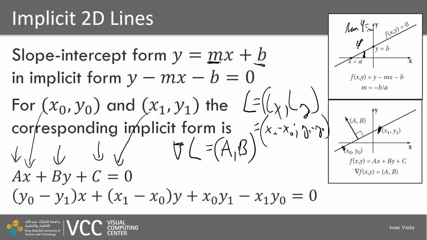Now, if we have a vector which is perpendicular to the vector L, such a vector could simply be y0 minus y1. So we put this coordinate into the other coordinate and negated it, and the other coordinate will be x1 minus x0.